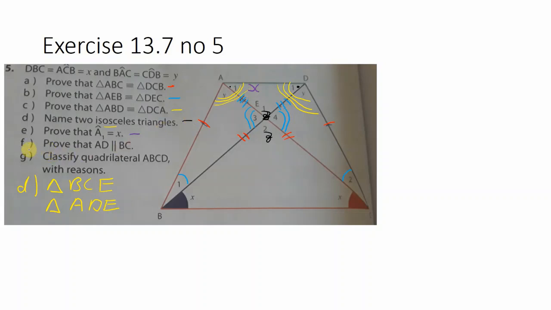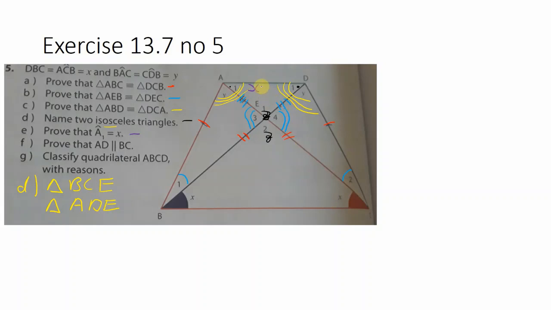For number F, we now need to prove that AD is parallel to BC. So these two lines we need to prove as parallel. And now already I can see the Z shape here.